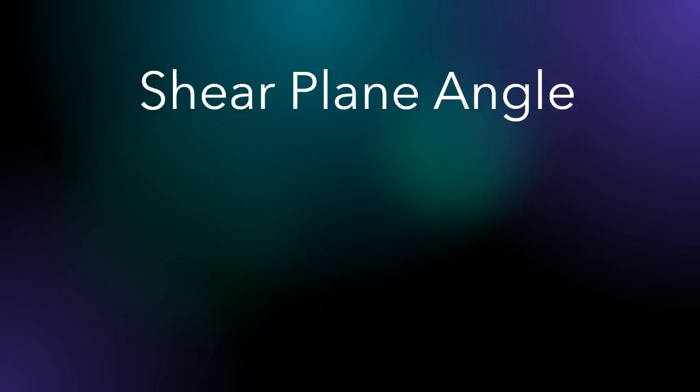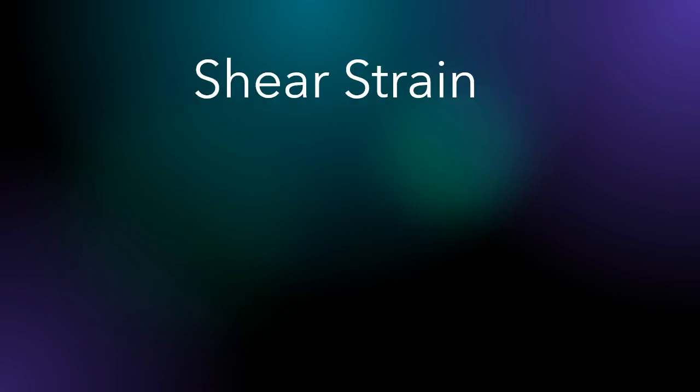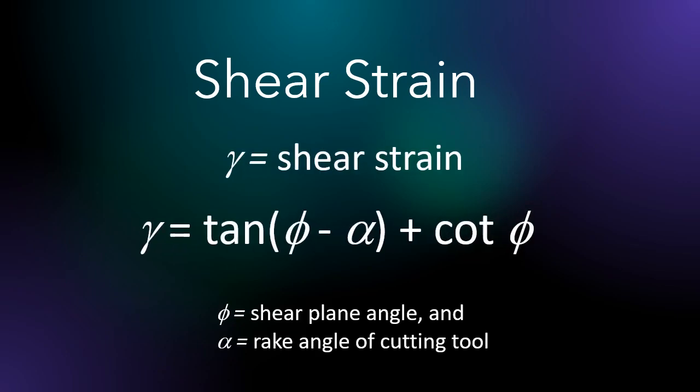The geometry of the orthogonal cutting model allows us to establish an important relationship between the chip thickness ratio, the rake angle, and the shear plane angle. The shear strain that occurs along the shear plane can be estimated by further analysis.